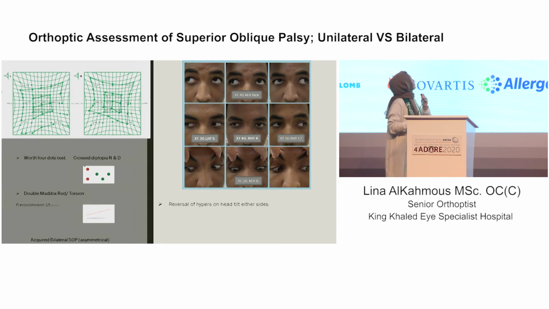Sorry, I can't explain without the pointer. Usually the inner box is the more affected eye's, so this is what you can find out from the Hess chart. And we usually follow the muscle sequela, which is under and which is over. In the Worth test, in this case, we had crossed diplopia, near and distance. So these are typical acquired bilateral superior oblique palsy findings.